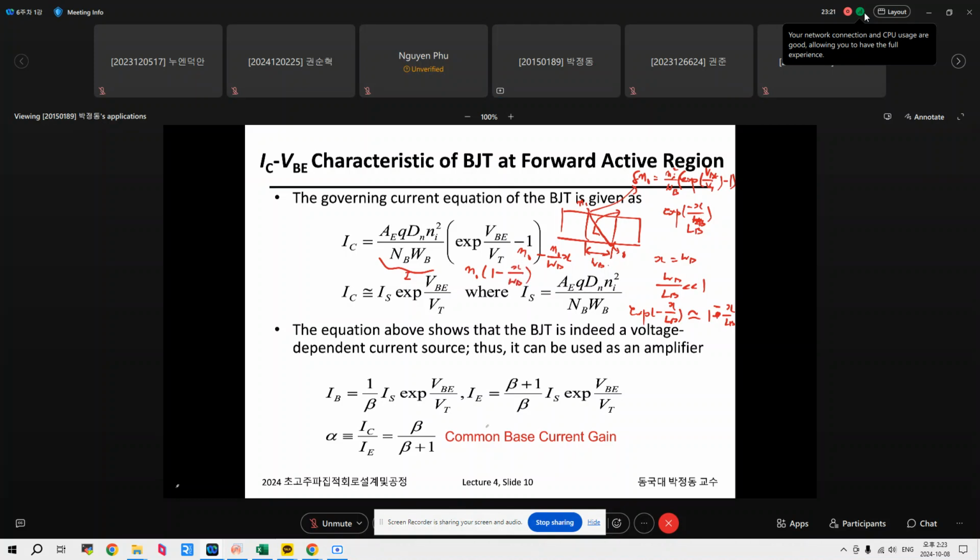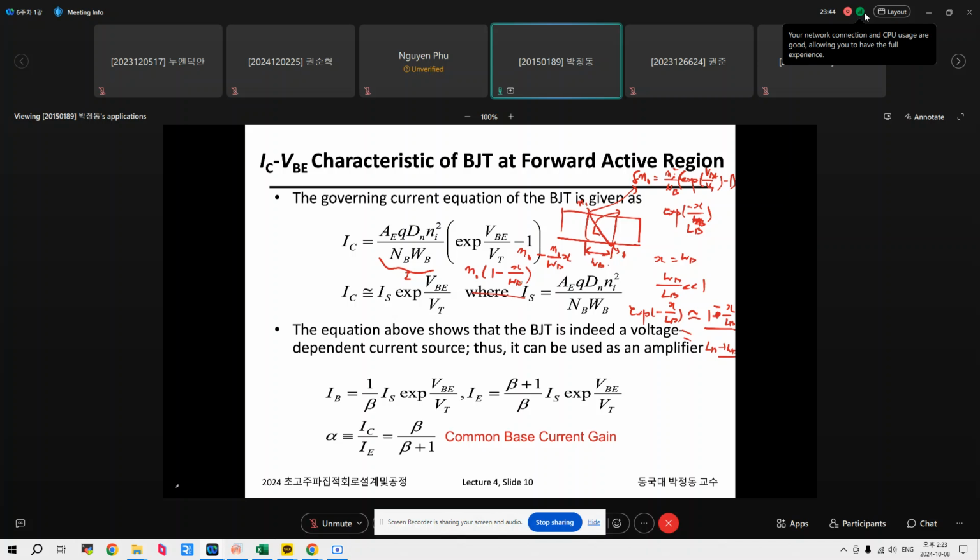right? So this is the same with this, right? If LB becomes double B, okay? Since X is much smaller than LB, and LB is approximated by WB because this is reverse biased. So this is the same with this, okay? Same with this.